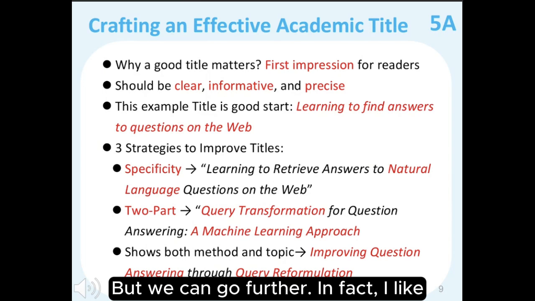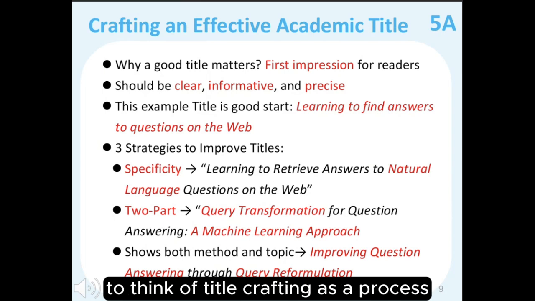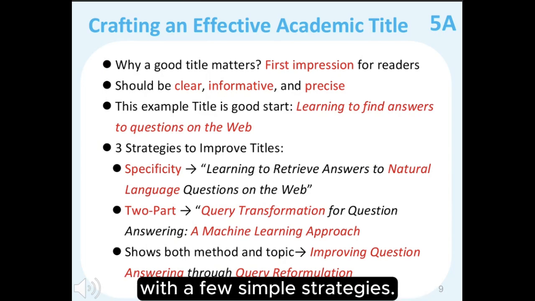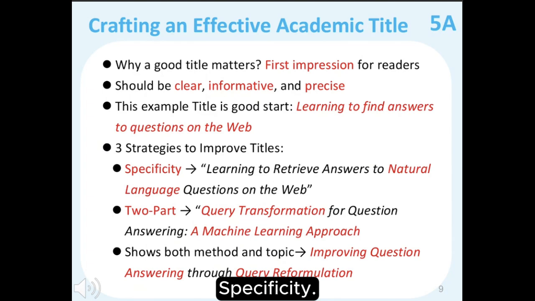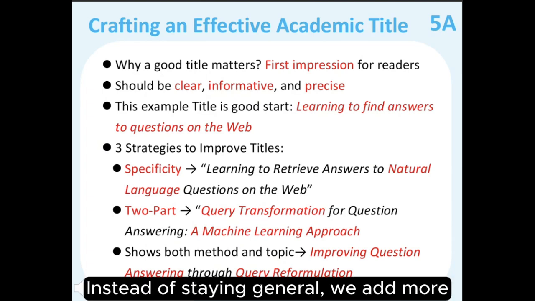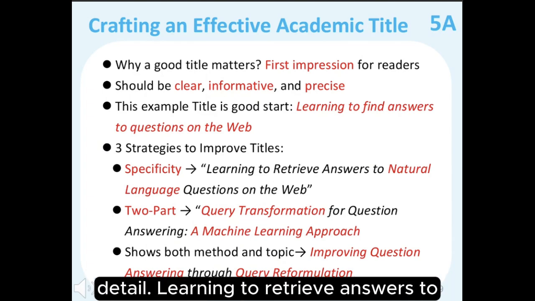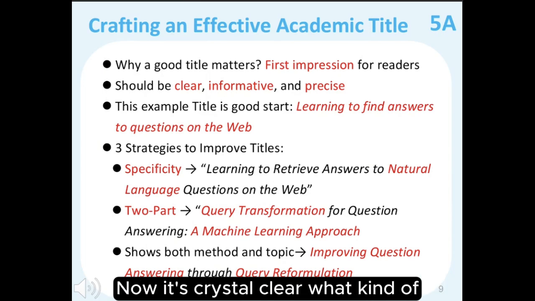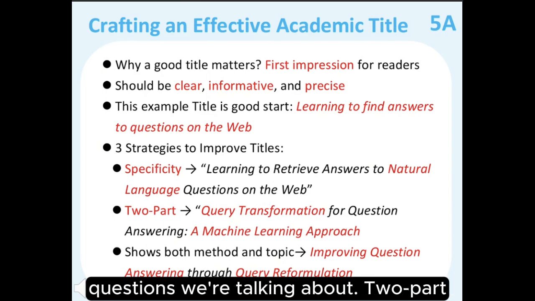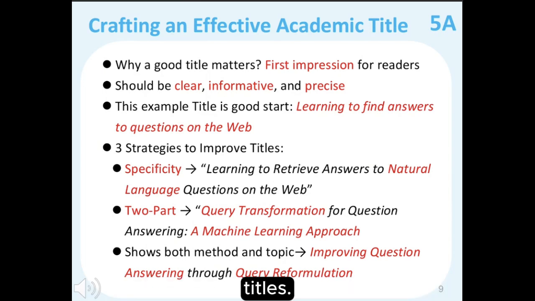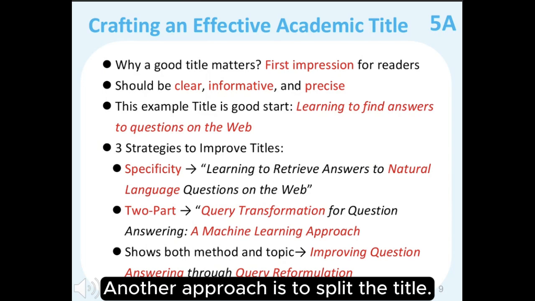In fact, I like to think of title crafting as a process with a few simple strategies. Specificity. Instead of staying general, we add more detail. Learning to retrieve answers to natural language questions on the web. Now it's crystal clear what kind of questions we're talking about. Two-part titles. Another approach is to split the title.